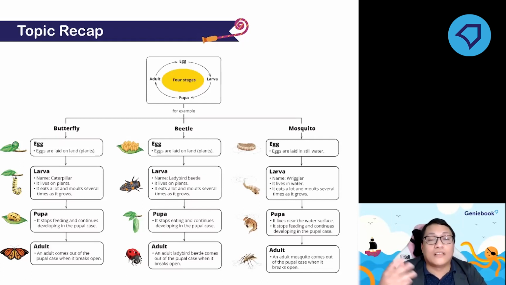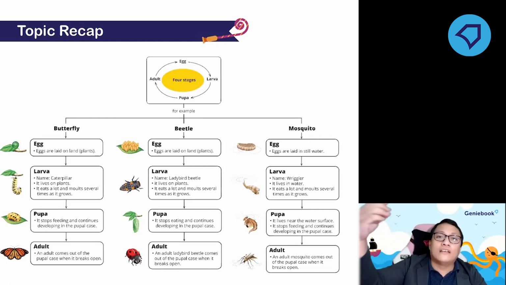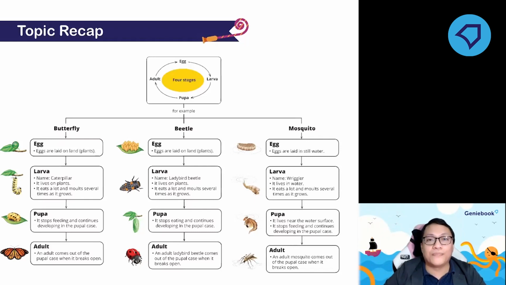Then when the pupa stage is finished, the adult emerges from pupa. So the beautiful adult, the butterfly. Then for beetle, it is similar. It is egg, larva, pupa, and adult as well. So mosquito is a little bit different. Why? Because the 3 stages of mosquito live in water.